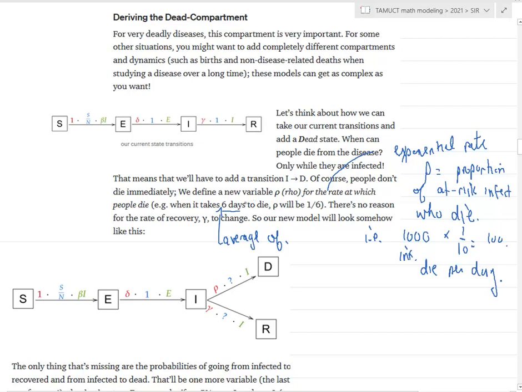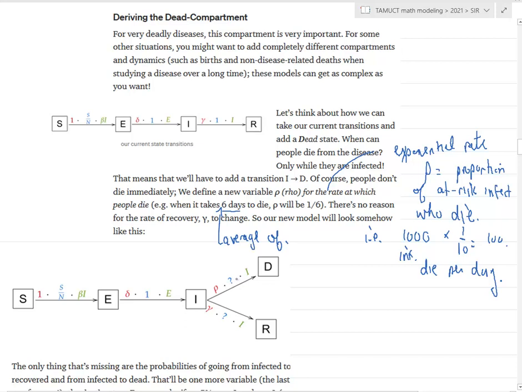Right. So he's using his pattern here that, so if we look at this transition, I is the population that death can apply to. And then here we have a question mark. Now, not everybody who's infectious is going to be at risk of dying. So we have to add another quantity here, which expresses the risk of someone becoming at risk of dying.